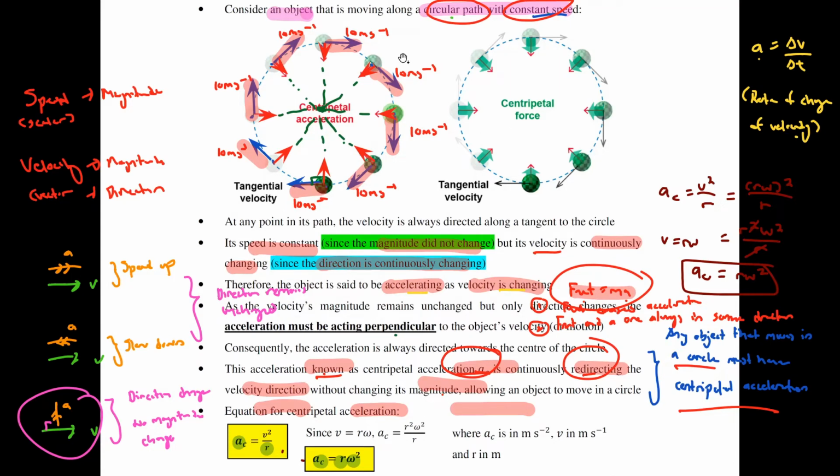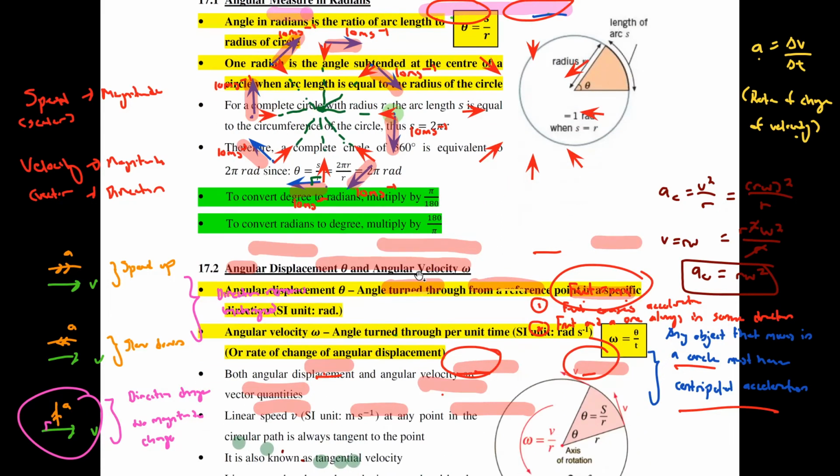That one is actually shown in the second diagram that you have here. The arrows that you're seeing here all represent the centripetal force. It is always in the same direction as your centripetal acceleration. That's why it's always directed towards the center of the circle, and that's why it's also always perpendicular to your velocity.